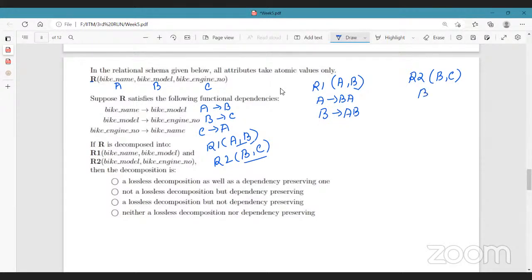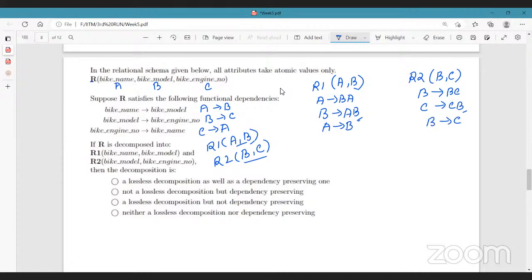We cannot get any more functional dependencies in R1. Then in R2 we get B to C, B to BC, and from C we get C to B, C to BC. No more functional dependency sets in this relation.